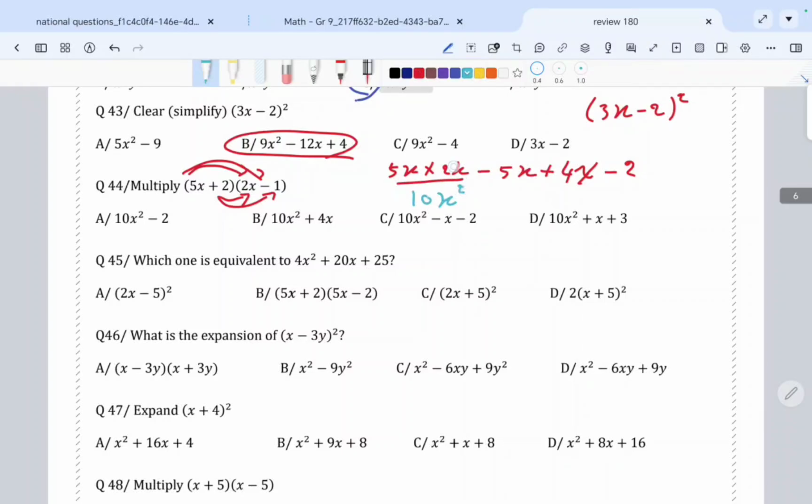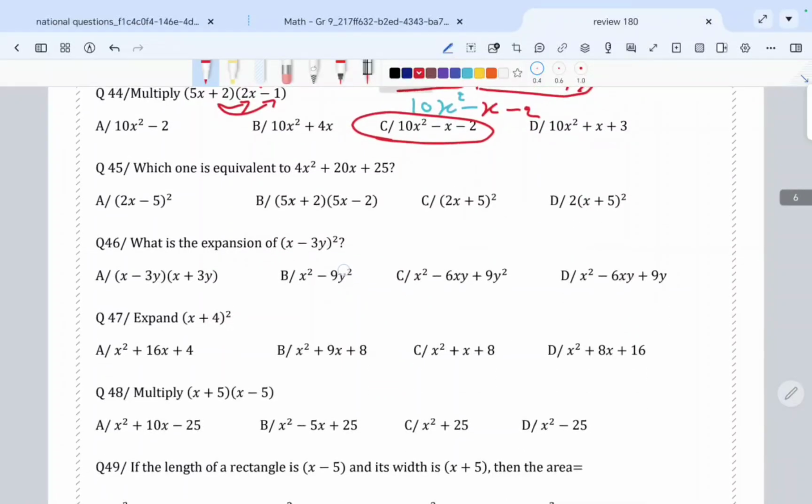You have the same base as the powers, okay? Minus 5x plus 4x equals what? Only negative x. Sorry, this one is not power 2. Minus 2. So which one is 10x power 2 minus x minus 2? C is the correct answer.